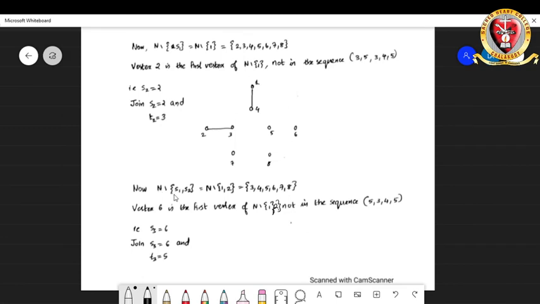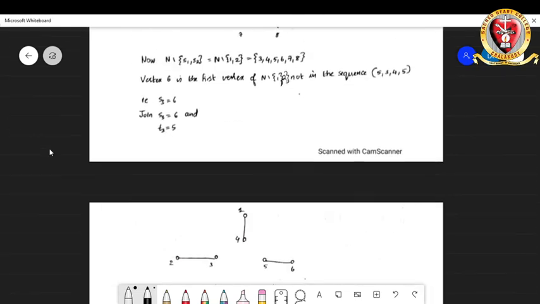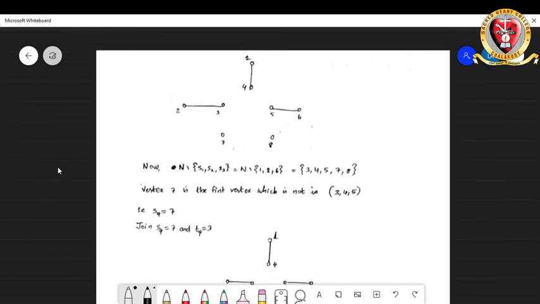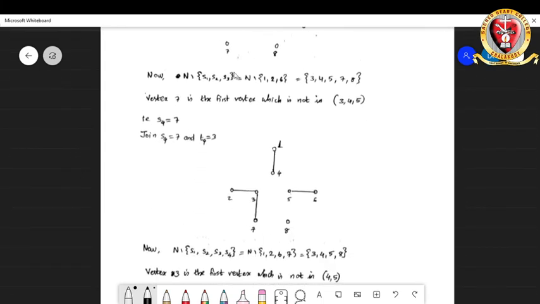Similarly, in the next step, N minus set S1, S2, you have this set. 6 is the first vertex in the set and not in the sequence. So you have S3 is equal to 6 and T3 is equal to 5, join them. Next step will be like this. You have S4 is equal to 7, T4 is equal to 3, so you join 7 and 3.